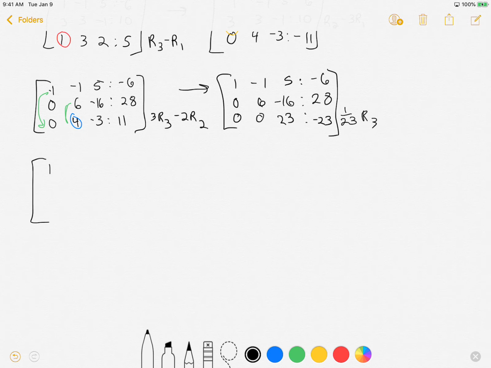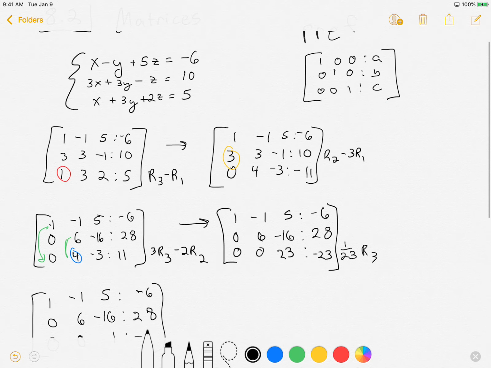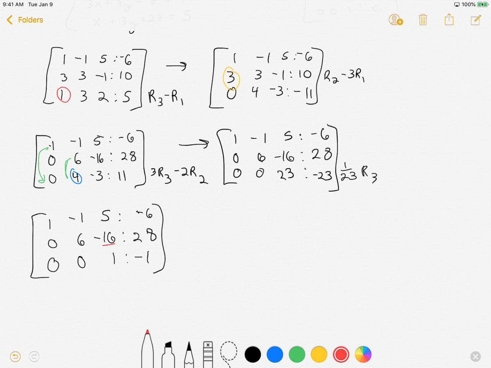So top row stays the same, second row stays the same. It's the last row that's changing. So we get 0, 0, 1, and negative 1. Now, looking at my row reduced echelon form, I need to get a 0 right there. I have 16, so I need to eliminate that. I'm going to use row 3 to do that.